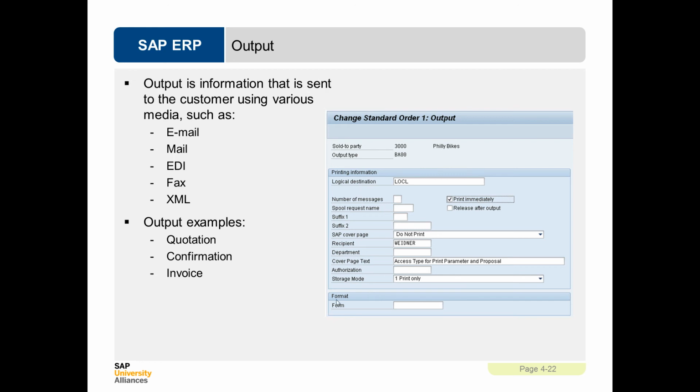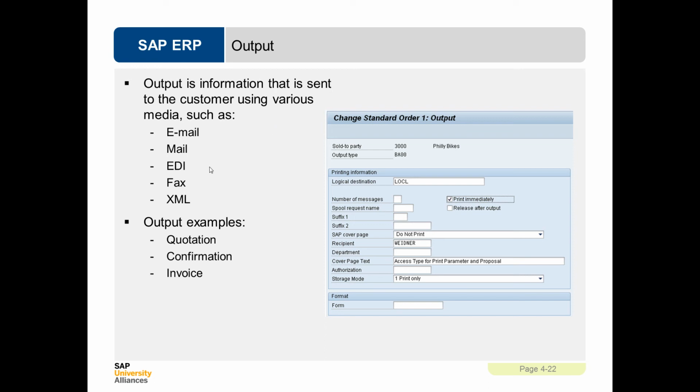Once you have finished processing the sales order, in other words, you have created the final document that says we are selling this material to this customer at this price for this delivery, etc., you would create an output document.